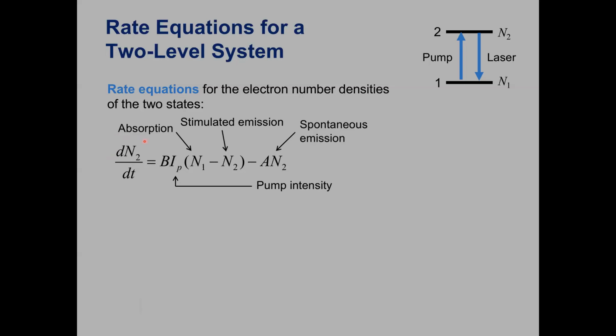This is going to be proportional to a few things. The absorption, so how many atoms from the ground state are absorbing photons and jumping up to the higher state. How many are being stimulated to lose their energy and jump back down to the lower state?